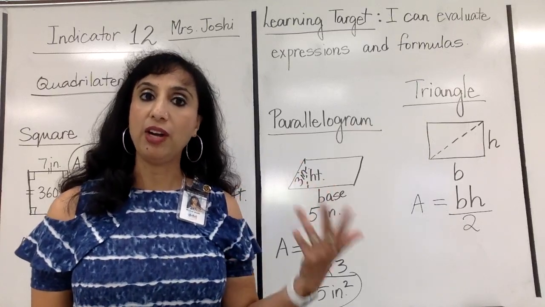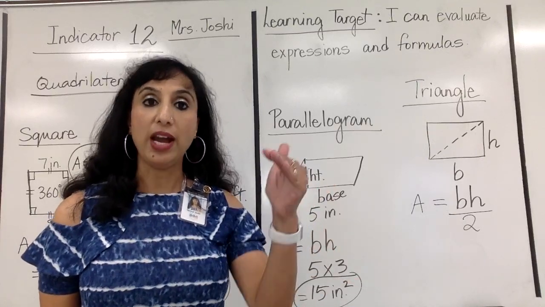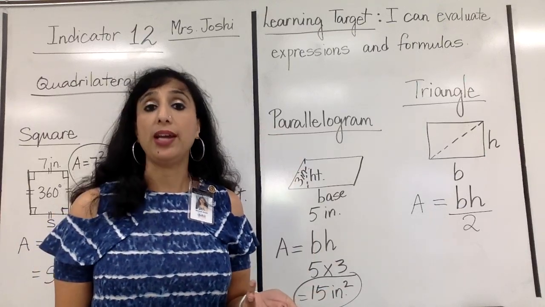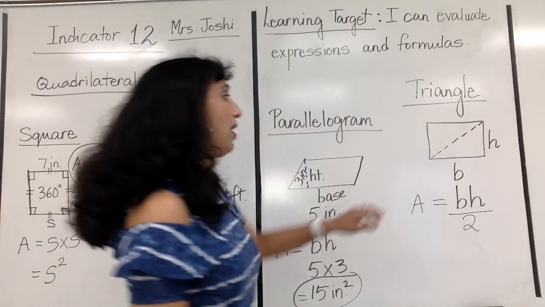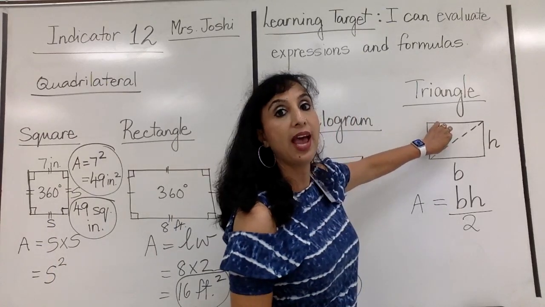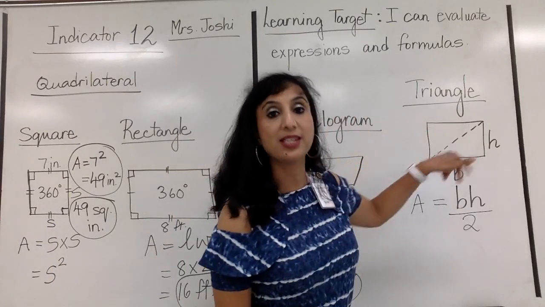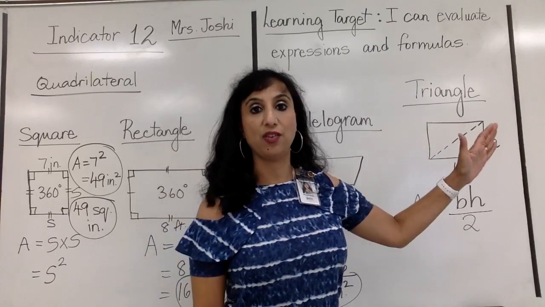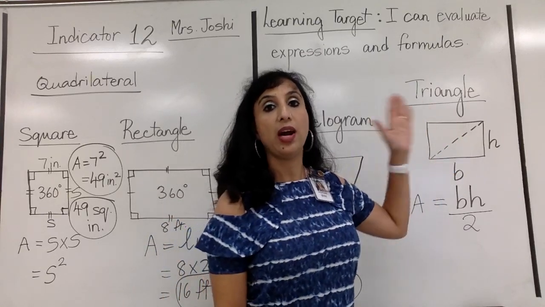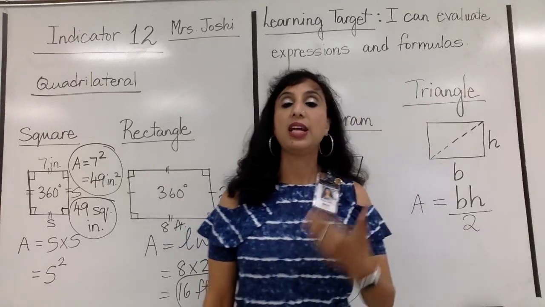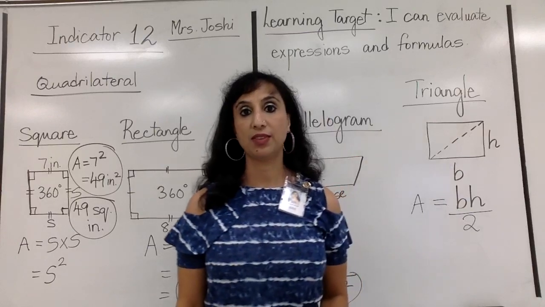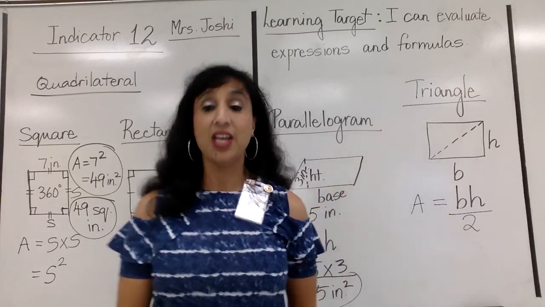So because of that, the area of any quadrilateral divided by 2 is actually the area of a triangle. Or I could say a triangle is half the base times height, because base times height is a quadrilateral. Divided by 2, or half of the base times height, gives me the area of a triangle, because this is half of this is half of this. Okay, so if that makes sense.